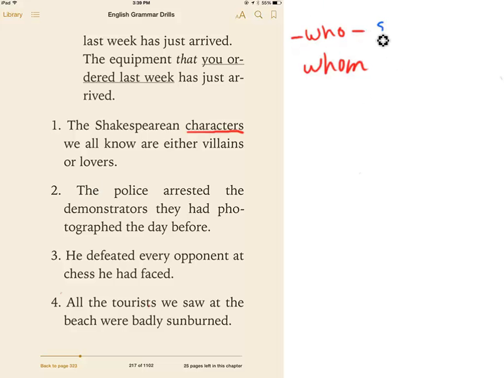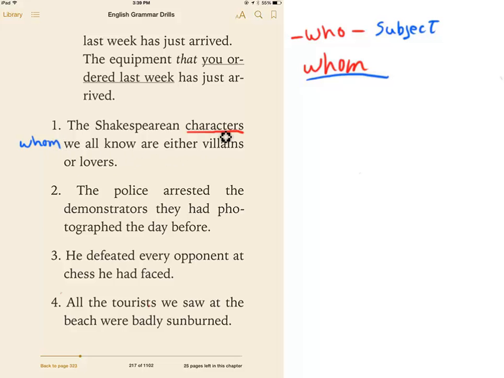You cannot get rid of a subject relative pronoun. You can always get rid of the object. The object is gone, so I just know I have to fill the object in: the Shakespearean characters whom we all know are either villains or lovers.